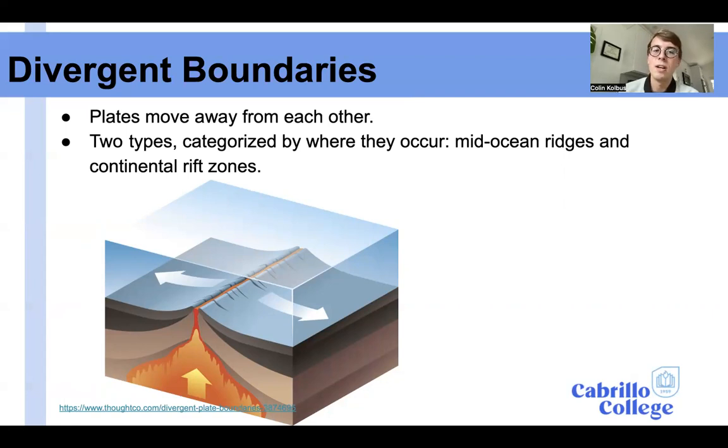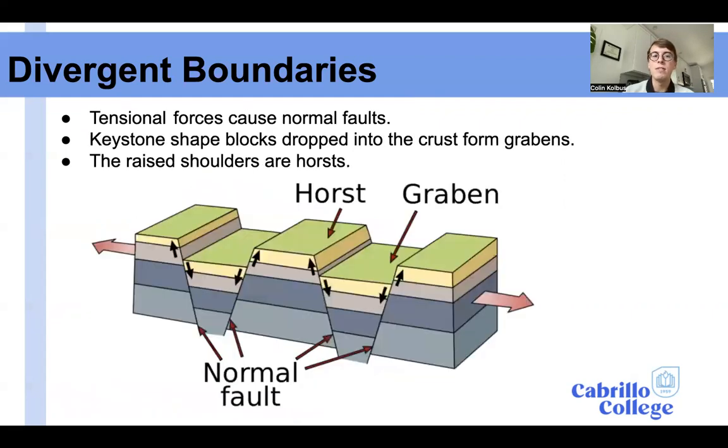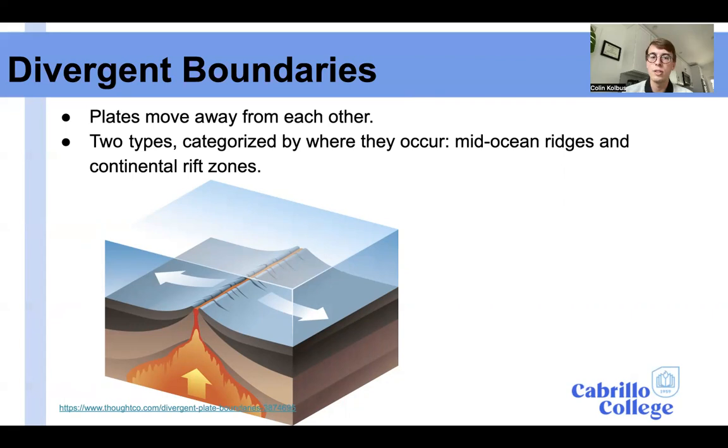And now we're moving on to divergent boundaries, which is when plates are moving away from each other. These can be categorized as mid-ocean ridges or continental rift zones. So divergent boundaries can occur underwater or on the Earth's surface.